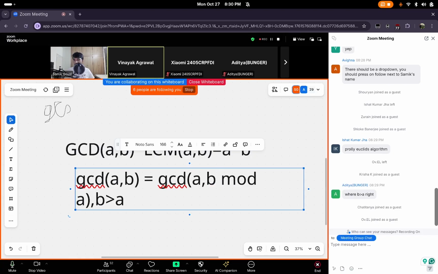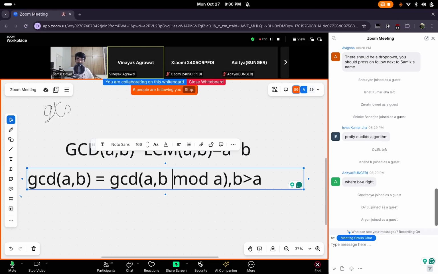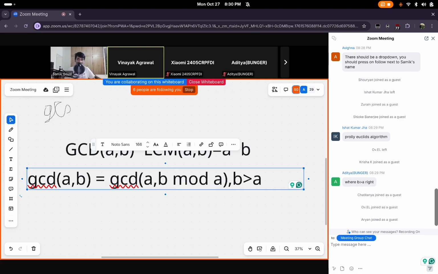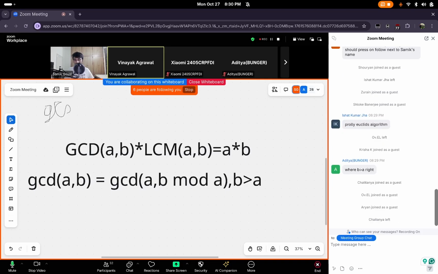Most of you probably don't know what a mod is, so that's the next thing we'll be covering, but basically it's just the remainder when B is divided by A. So you have the quotient and the remainder. This is the remainder. So if I say have 7 mod 5, that's gonna be 2.